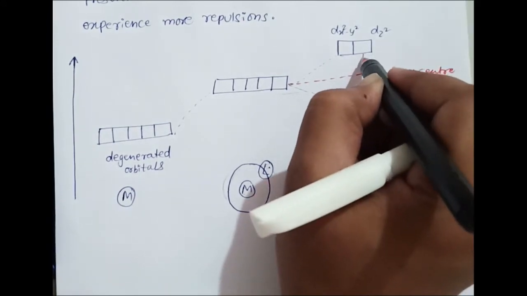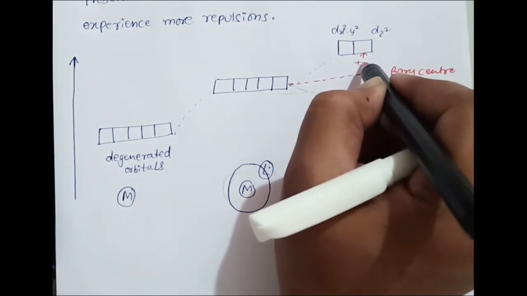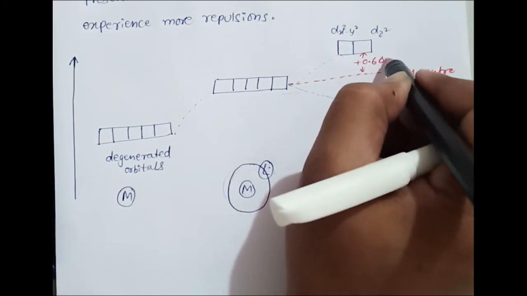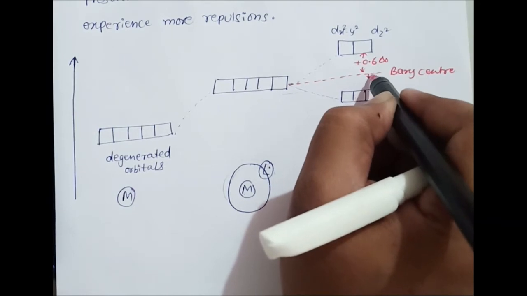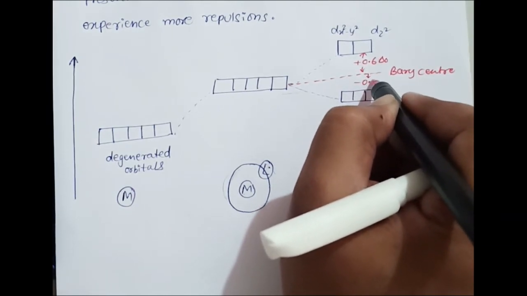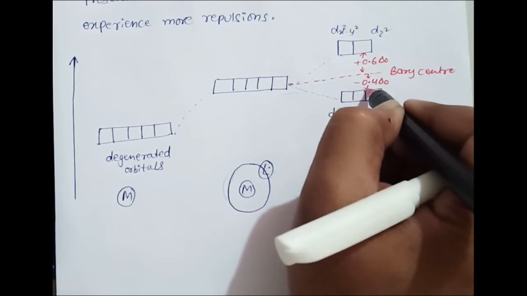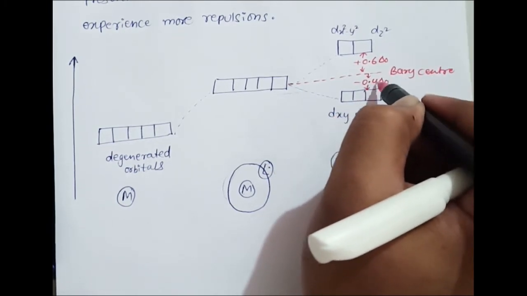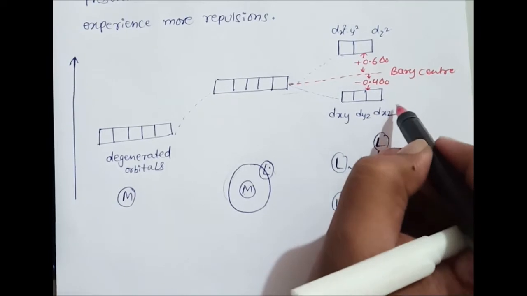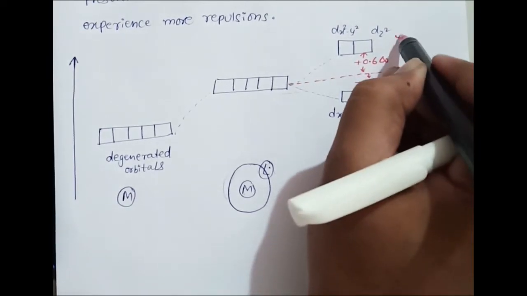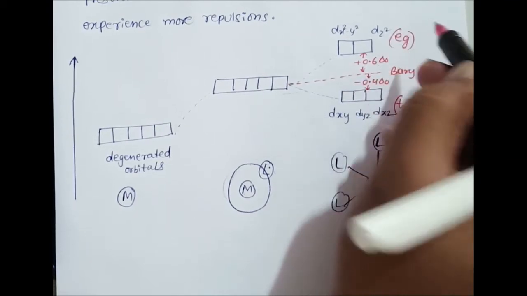Above it the energy level is increased by 0.6 del O. Below it the energy level is decreased by 0.4, so you can write minus 0.4 del O, for the T2G orbitals, and this is for the EG orbitals.